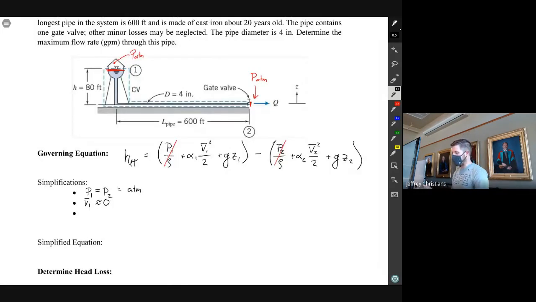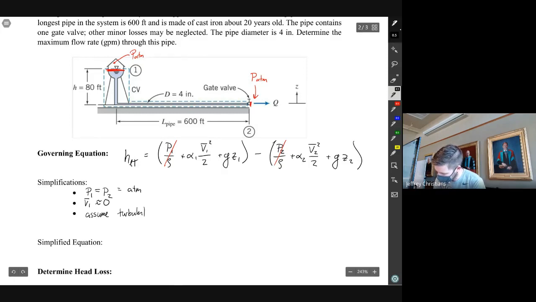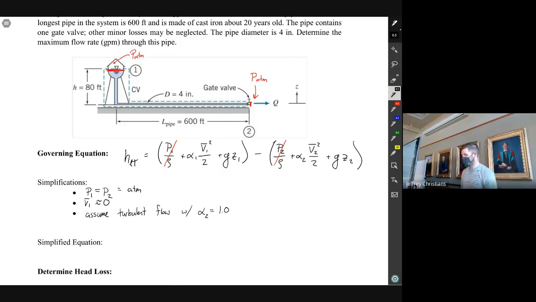The other simplification that we're going to make is we're going to assume our velocities are probably pretty big because this is like a fire hose. So we're probably turbulent. So let's assume turbulent flow with alpha, so this would be alpha 2 equals 1.